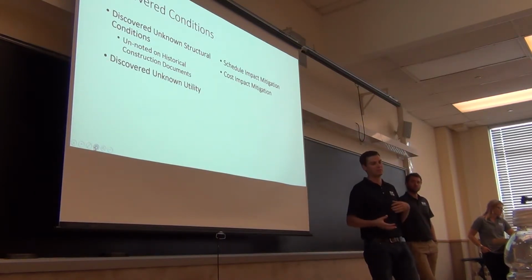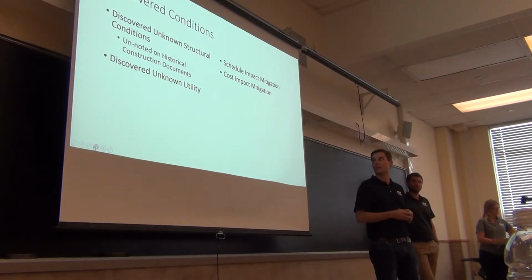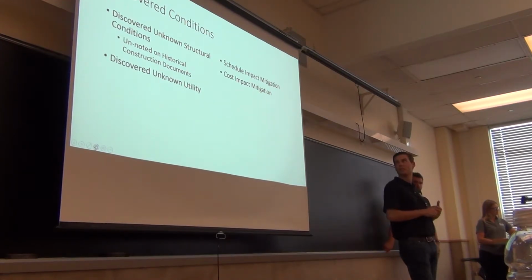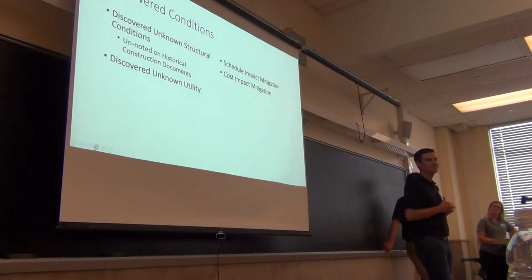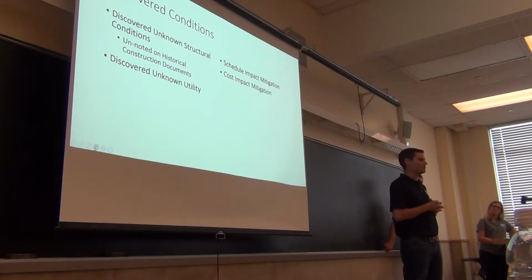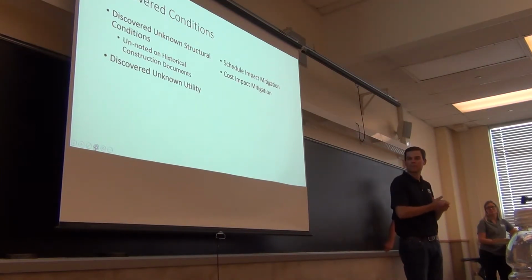A lot of these, since they were unknown and not included in the contract documents, do go back to the owner, but still as part of providing service to the owner, you try to come up with the most cost-effective way to be a problem solver and help be part of the solution. Sometimes those two don't always work together. There was a lot of material that had to be accelerated on this job, which then you have cost impacts, and to try to maintain the schedule and things of that nature.